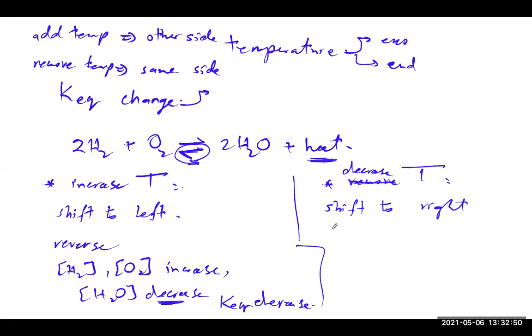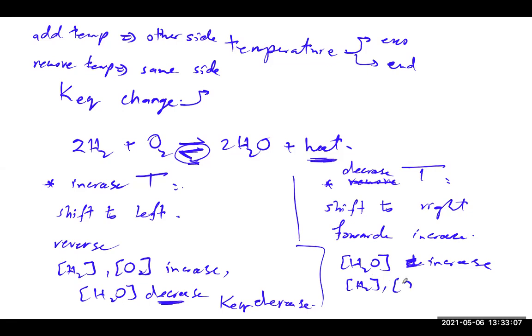And how to shift to the right? The rate of the forward reaction should increase. It means that we'll produce more H2O, so this one will increase, and the concentration of H2 and O2 will decrease. And again, the equilibrium constant will change.